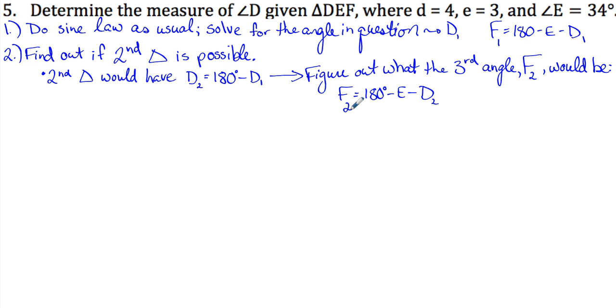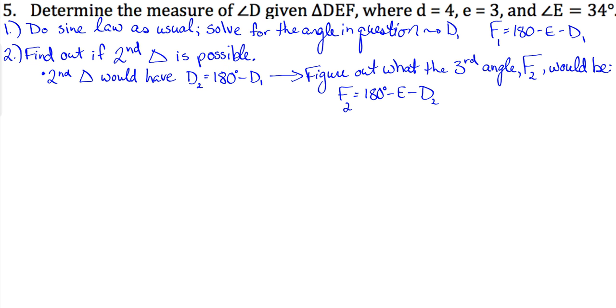If you get a real number here, then that will be the angle of F in your second triangle. If I ended up getting a negative number here, that means I've run out of angles within my triangle. I don't have enough degrees for there to be a second option for the third angle. So if there's a second triangle, there's also a second value for that F angle.